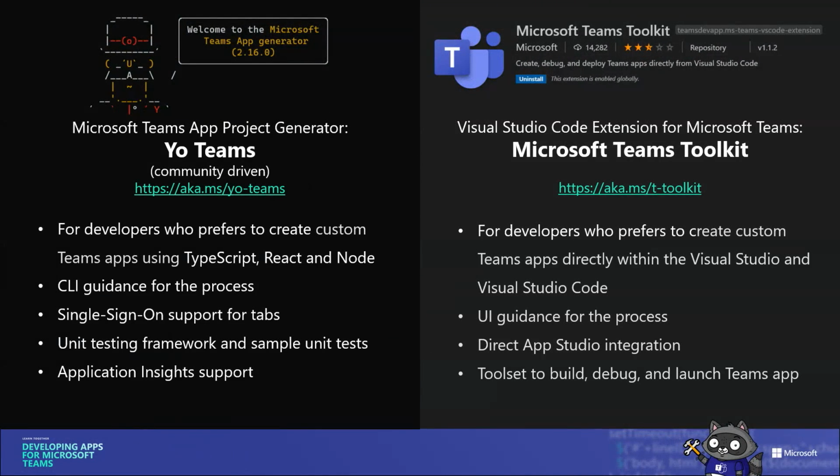Well, so you actually described it very well. We have two different great tools. Developers can use any of them depending on their preference. Oh, yes. For example, Yo Teams generator is for developers who prefer to create apps with TypeScript. If you like CLI development, Yo Teams could be a good choice for you. Exactly, nice one.